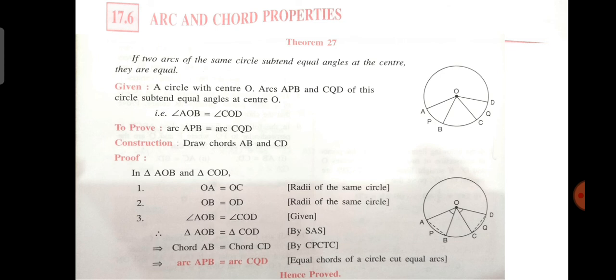Draw a circle with center O, and arcs APB and CQD are drawn, subtending angles AOB and COD at the center, which are equal. You have to prove that arc APB and arc CQD are equal.